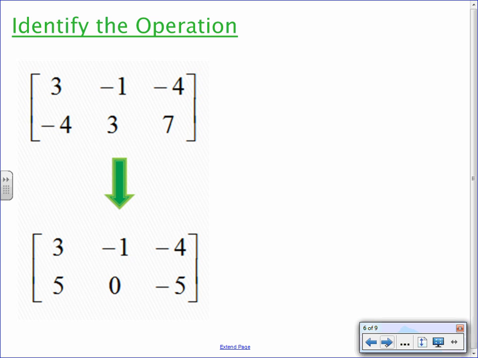Multiply by -3 and add to the bottom. 3 times -3 is -9. I don't think that's going to get me far. It's close. It's something with three. So if row 1 is multiplied by 3 and then added to row 2, that's what you're telling me?